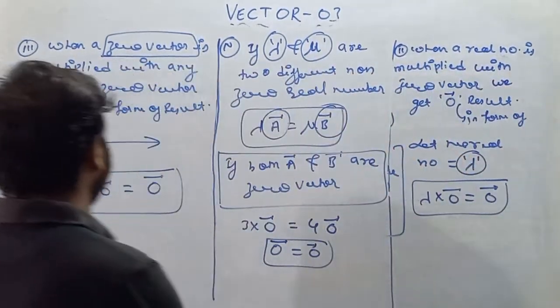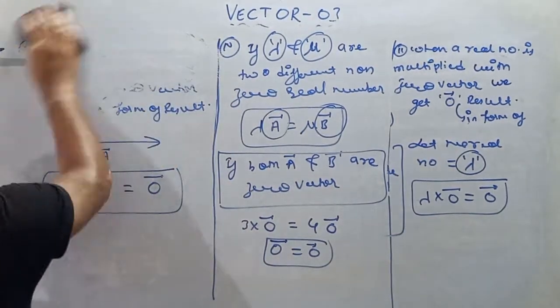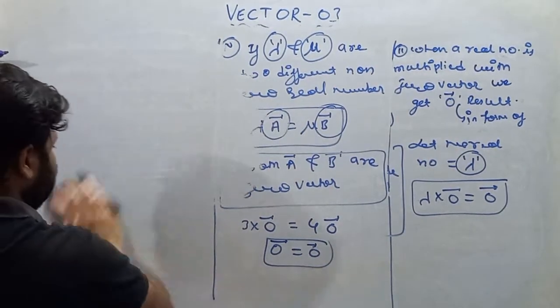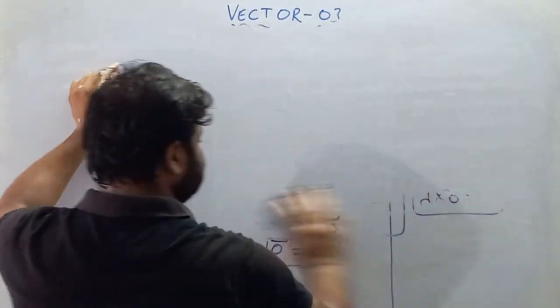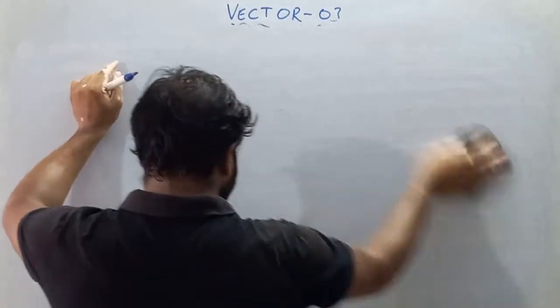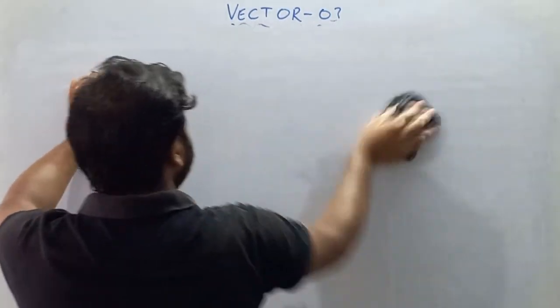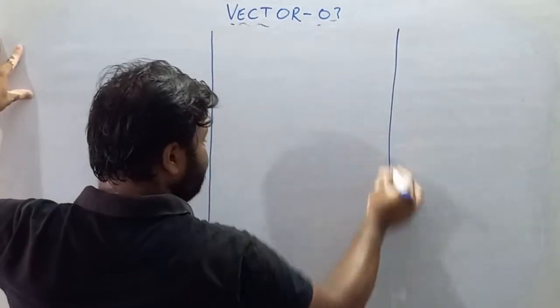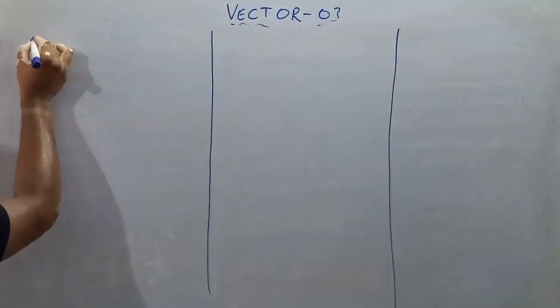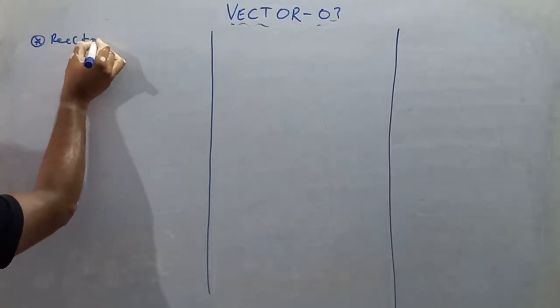Now we'll move forward and talk about the rectangular components of vectors. Write down the next topic, rectangular components of vector.